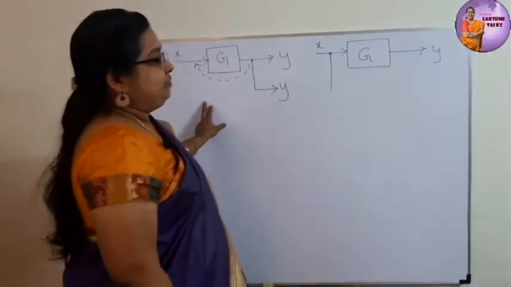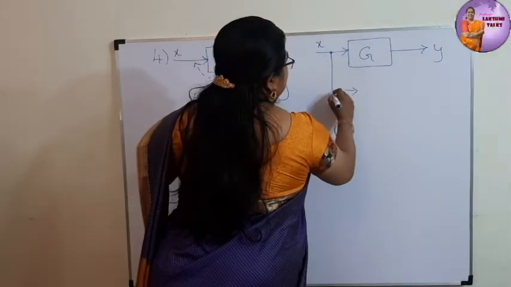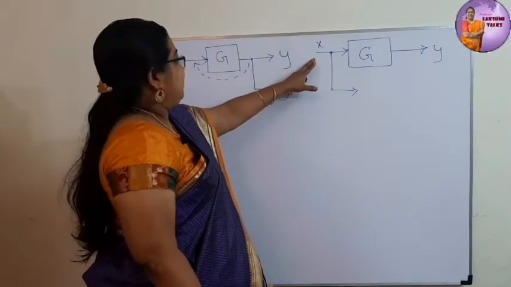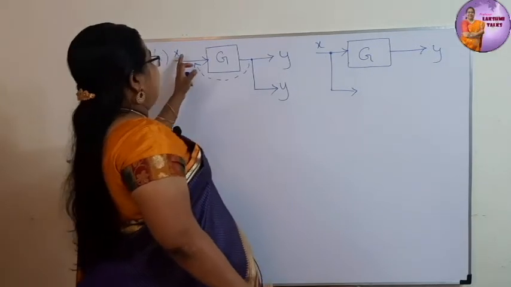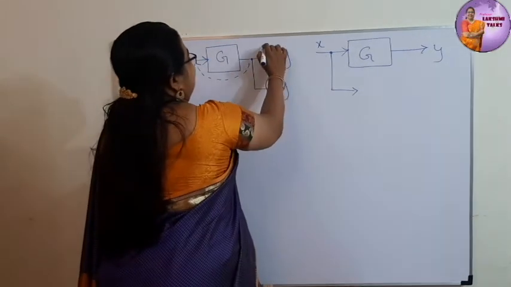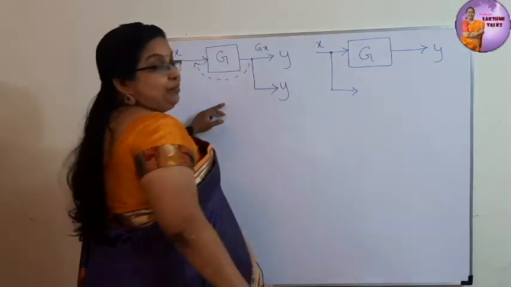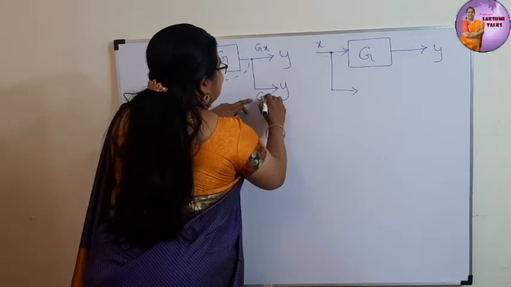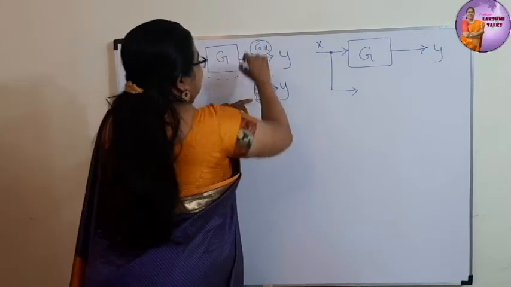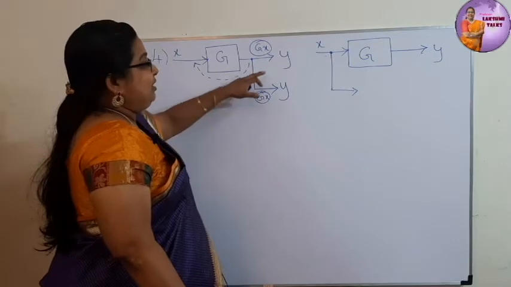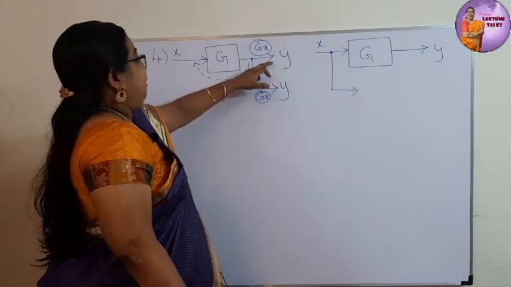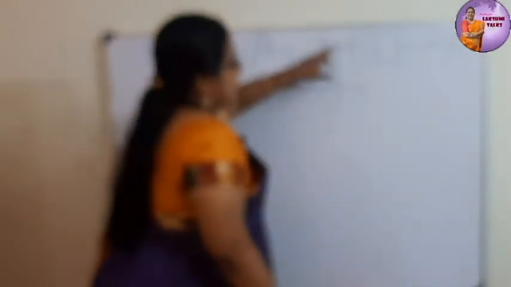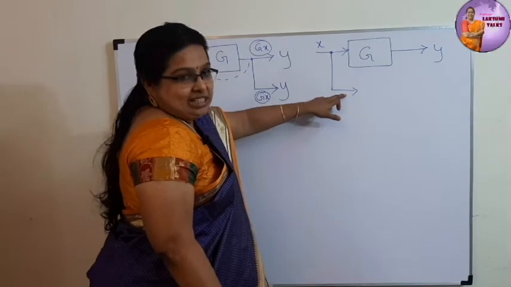So just see what happens if we shift the takeoff path here. This is just x, right? But here what is it? It is x into g, which is nothing but gx. So we had gx as the takeoff path, which was represented by y. But after moving this takeoff point here, the signal that is taken off is just x.